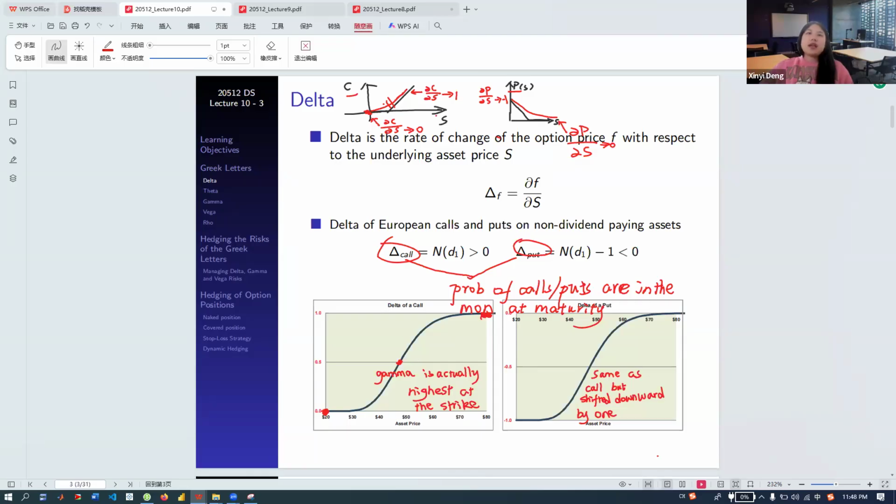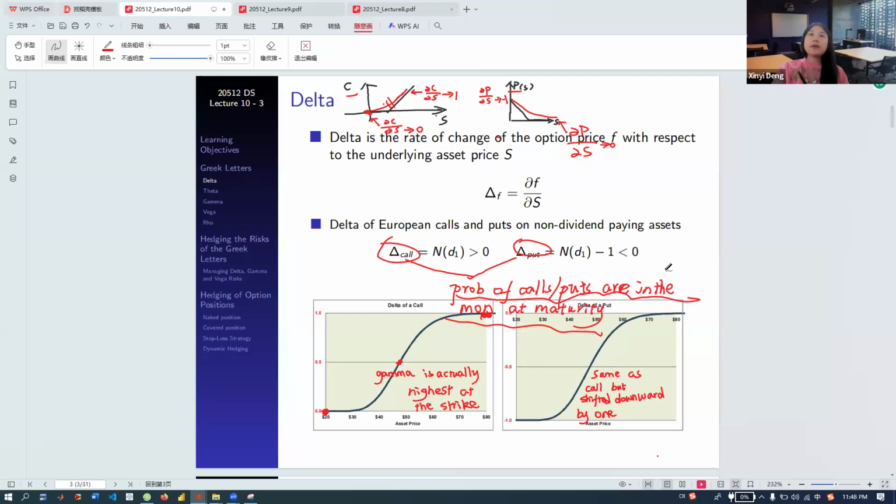The intuitive explanation is that the delta of call and delta of put are approximately the probability of calls and puts being in the money at maturity. So you can approximately view those two deltas as the probability of the corresponding options being in the money at maturity. So for at-the-strike options, no matter whether it's call or put, it has a 50-50 chance of being in the money or out of the money, right?